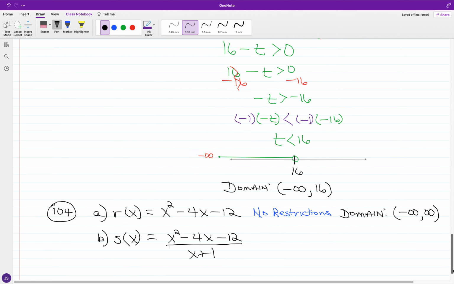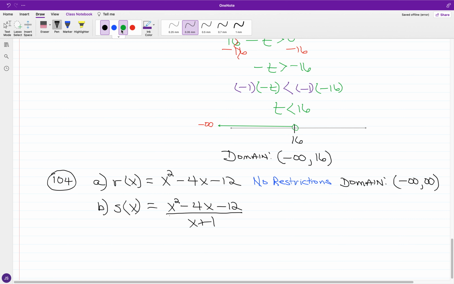Right, so we've got a fraction, and for s of x to be defined, we cannot have a 0 denominator. In this case, the denominator is x plus 1, and if that cannot be 0, then x cannot be negative 1.